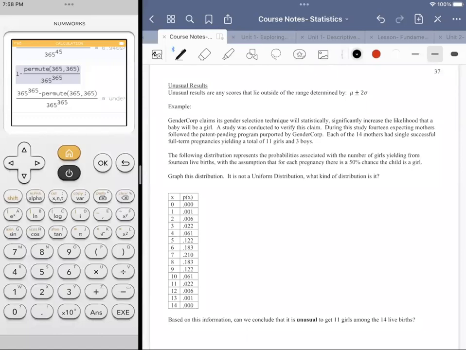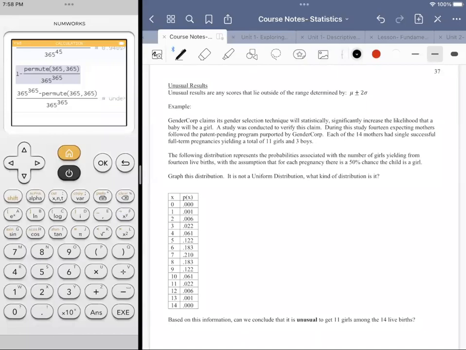So they followed this program, and these were the outcomes that led to births that were girls. So the chance that out of 14 births, none of them were girls was 0, virtually 0. 1 would have been 0.001. And go on down the line, 7 out of the 14 being girls would be 0.210, and so on.